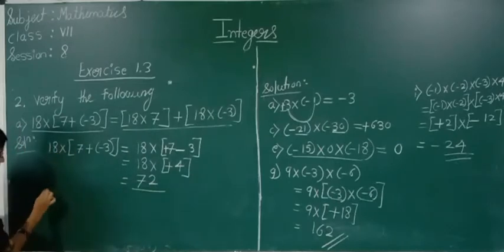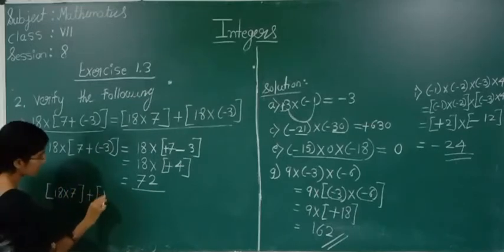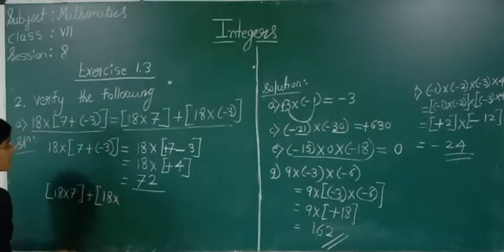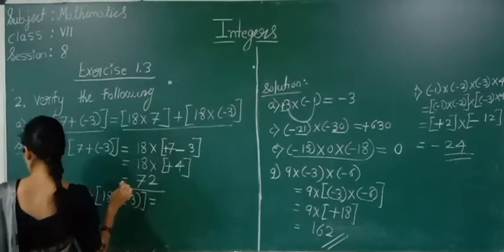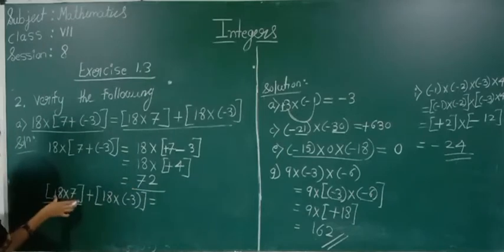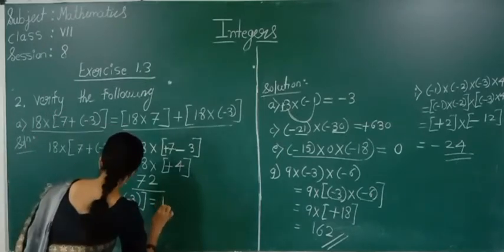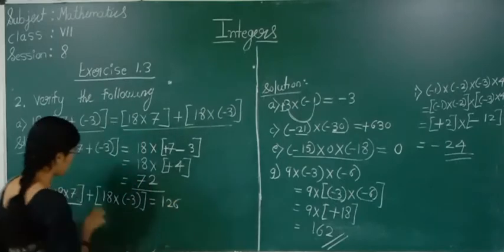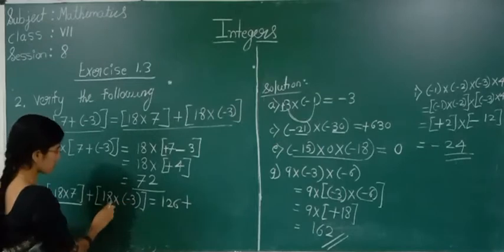Next, RHS part we will consider 18 into 7 plus 18 into minus 3. Now, see here students, we will remove the bracket first. Okay. What is 18 sevens? 18 sevens is 126. Here plus, okay. We will remove this bracket.